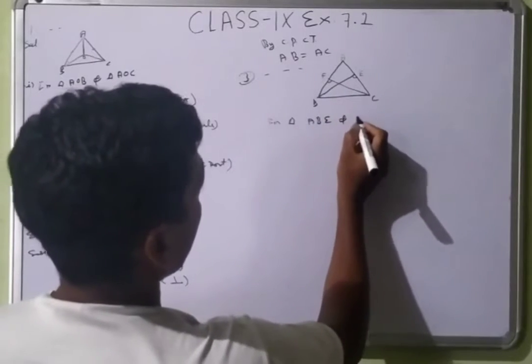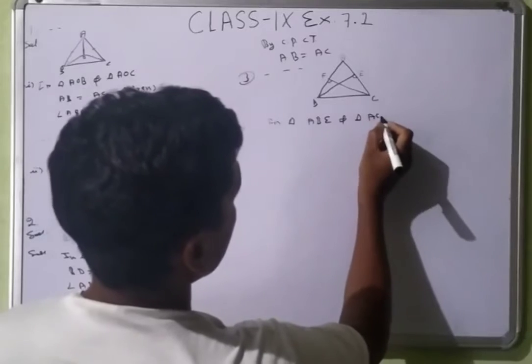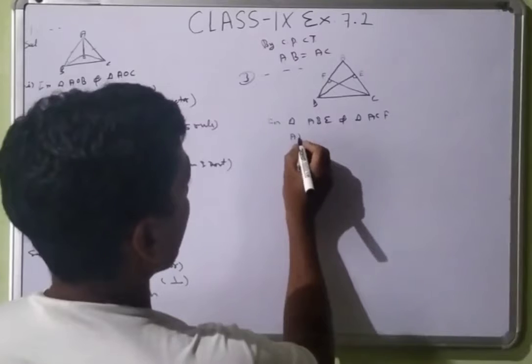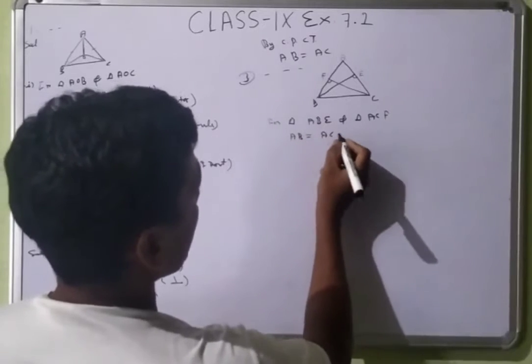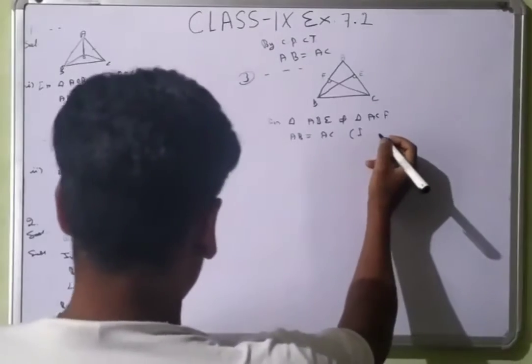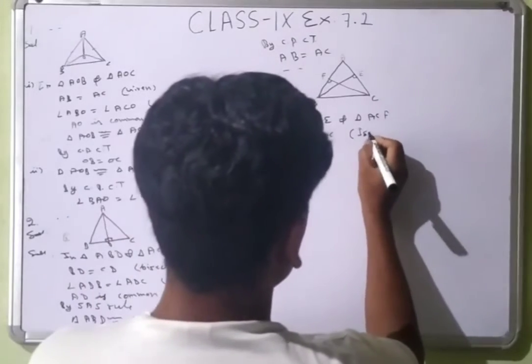So in triangle ABE and triangle ACF, AB is equal to AC by isosceles triangle, that is given here.